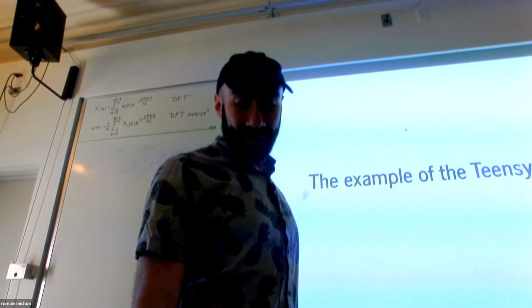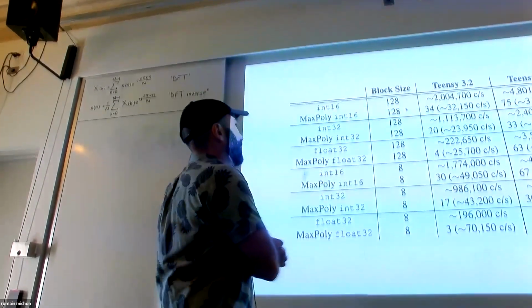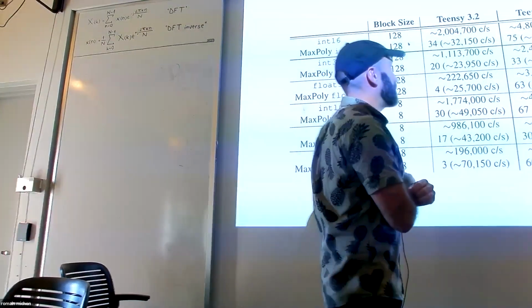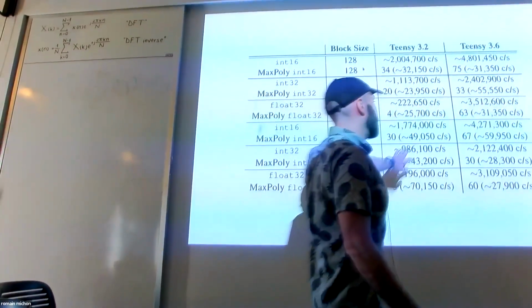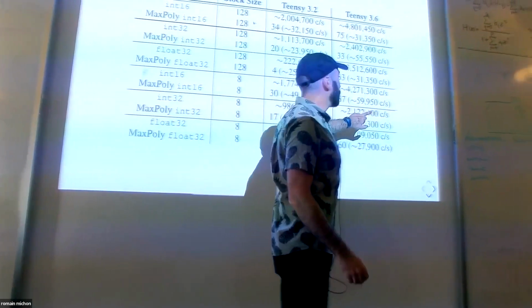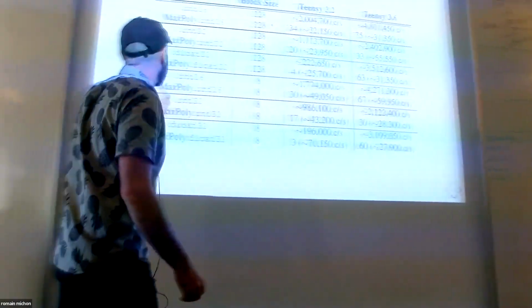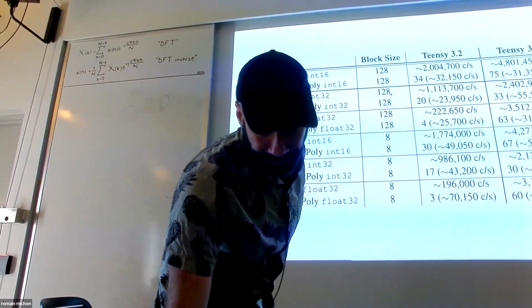So this is a comparison between the Teensy 3.2 and the Teensy 3.6. The 3.2 doesn't have a floating point unit. The 3.6 has a floating point unit.